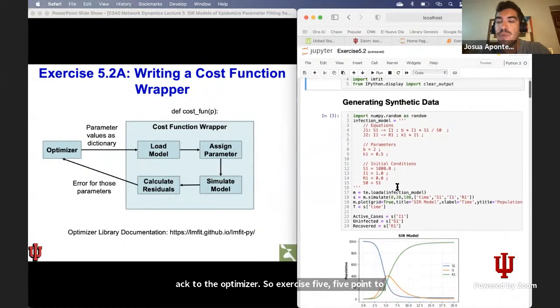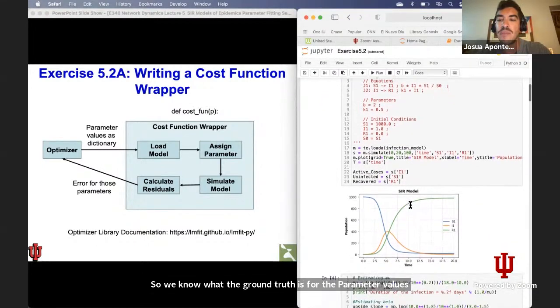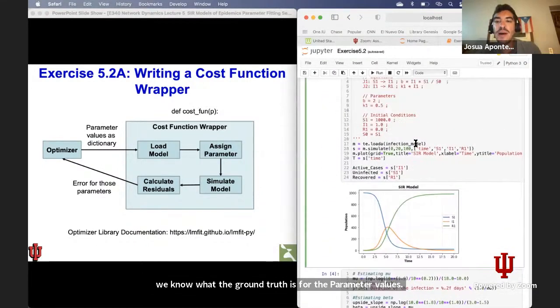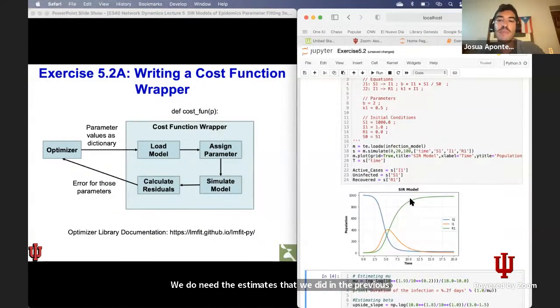As we did in previous exercises, we're not going to be using real data in this case. We're going to use what we call synthetic data, because we generated it ourselves, so we know what the ground truth is for the parameter values.